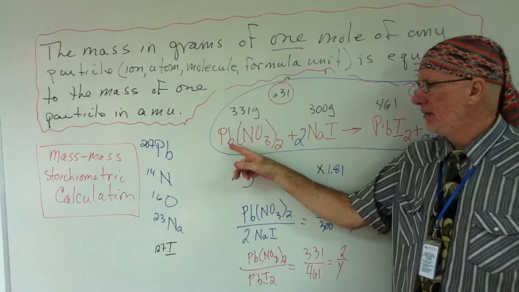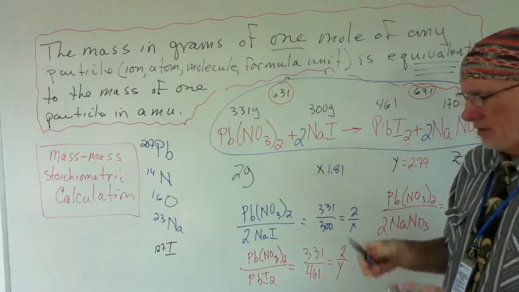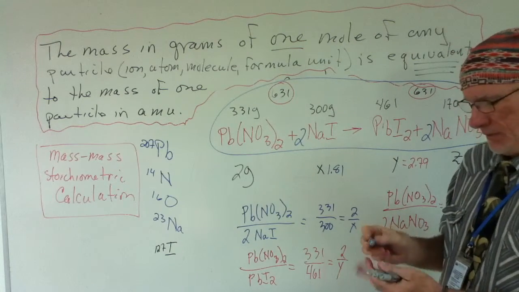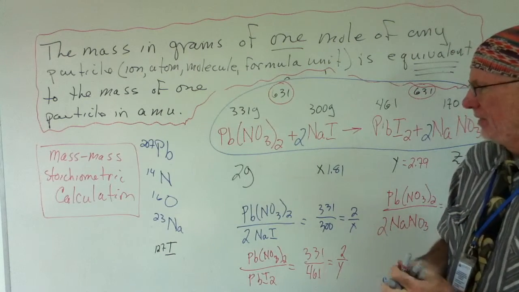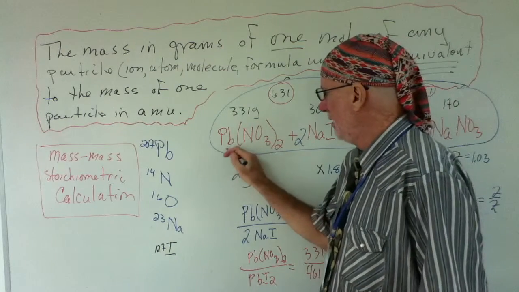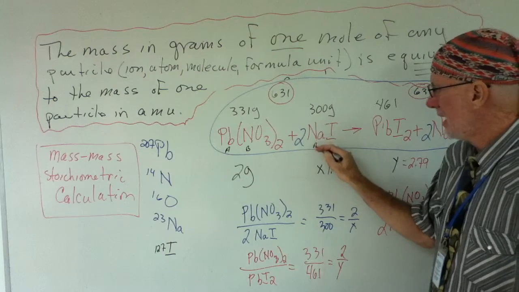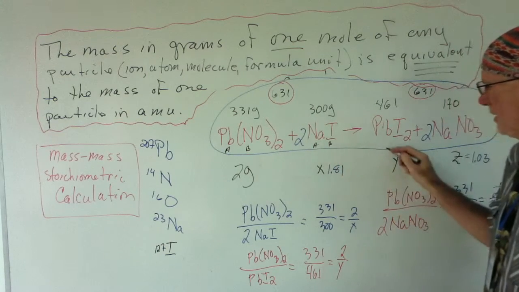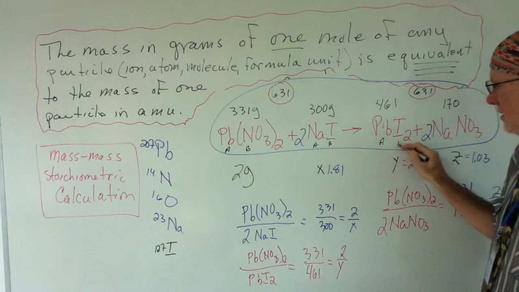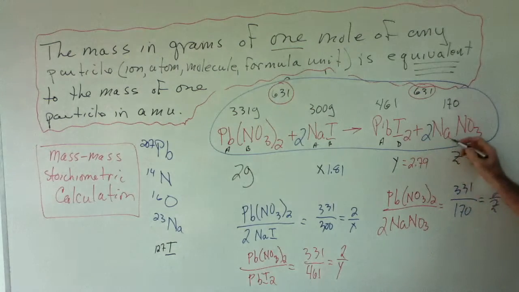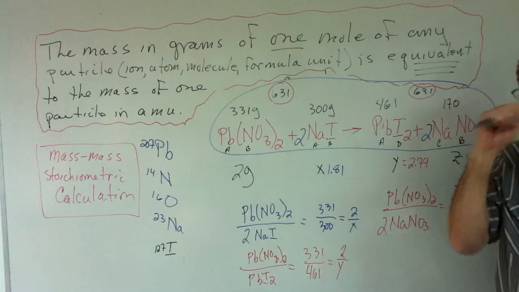You can write this down as literally, let me use black, this is an A, this is B. This is A, this is B. This is A, D, C, B. You've got to mix them up.